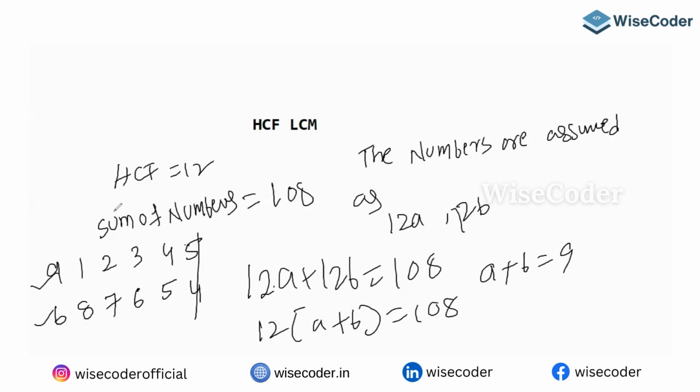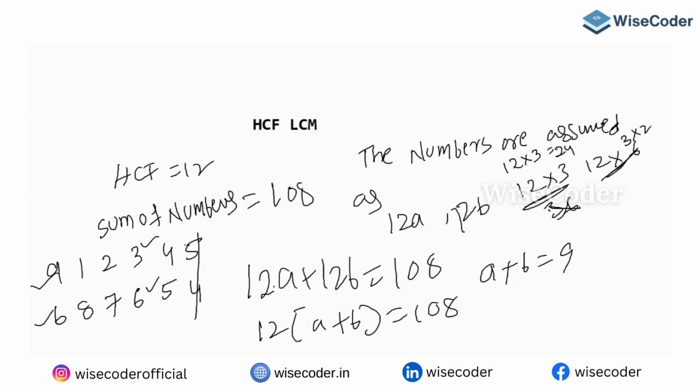Look at the value of 3 and 6. 12 into 3 is 36, and 12 into 6 is 72. When I took this, the common factor is not 12. The common factor is 12 times 3, because you can write this as 3 into 2 as well. Then 12 times 3 will be the highest common factor.